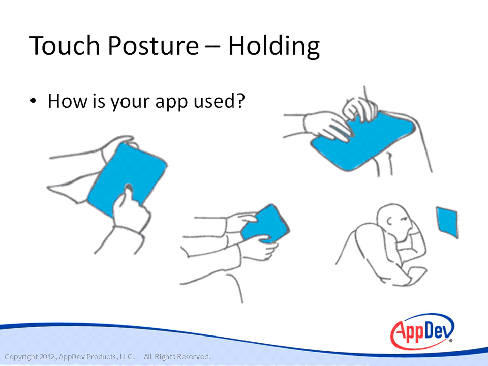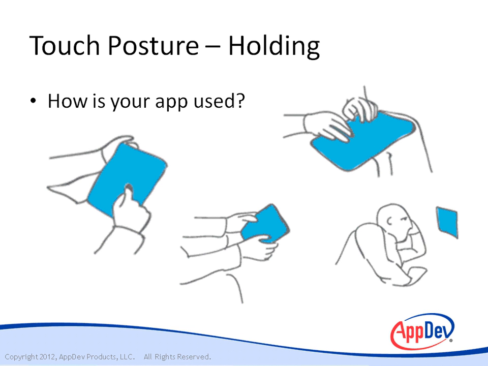Now, touch posture, when you look at someone holding it, these are the different postures that you're going to see, whether they're holding it or working on it. If you're building an app where there's going to be a lot of heavy typing, then you're going to want to design your app around that, where it's sitting in their lap and the keyboard is up. Whereas if there's light interaction, the other two ways of holding the device are great, but it's not going to be easy for users to do a lot of typing.